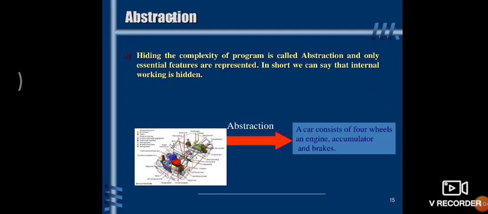In the same approach, in the example given here, a car consists of four wheels, an engine and an accumulator, brakes. But a car is not made from just that. It has a very typical mechanism and mechanical procedure.